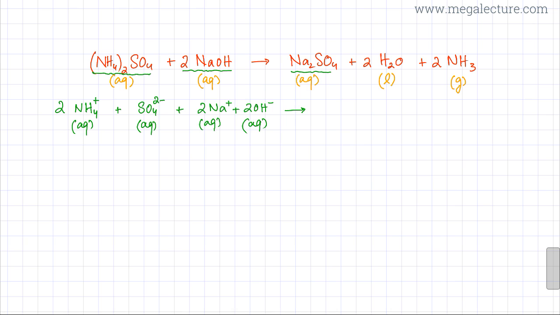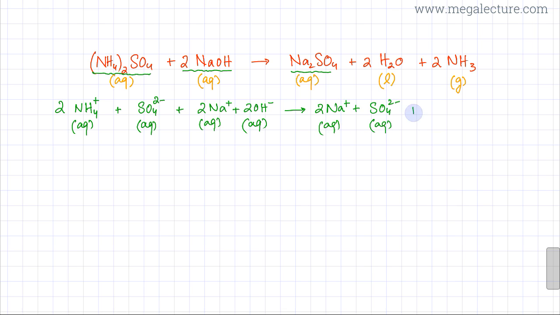And when we move to the products, Na2SO4 again has 2 ions, sodium ions and sulfate ions, and there are 2 sodium ions. The small 2 indicates that they are joined together, but when they dissociate, I would write this big 2 because now they're not joined together. And there's 1 SO4 2 minus ion in it, so that would also be in aqueous state.